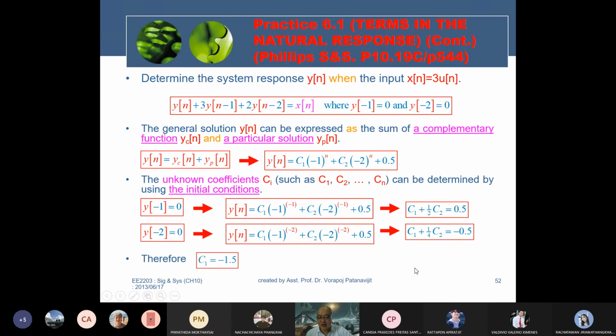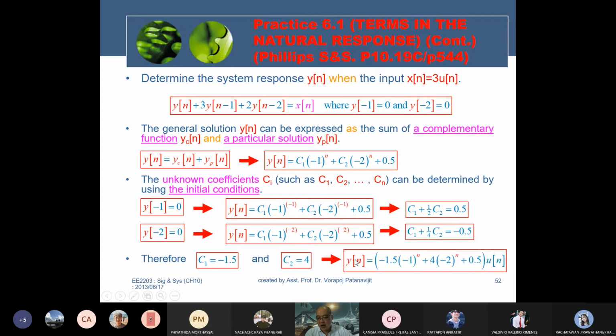In this case, c1 equals minus 1.5 and c2 equals 4. Substitute them, and you get the general solution form of this equation: yn equals minus 1.5 times minus 1 power n plus 4 times minus 2 power n plus 0.5un. This is the general solution.